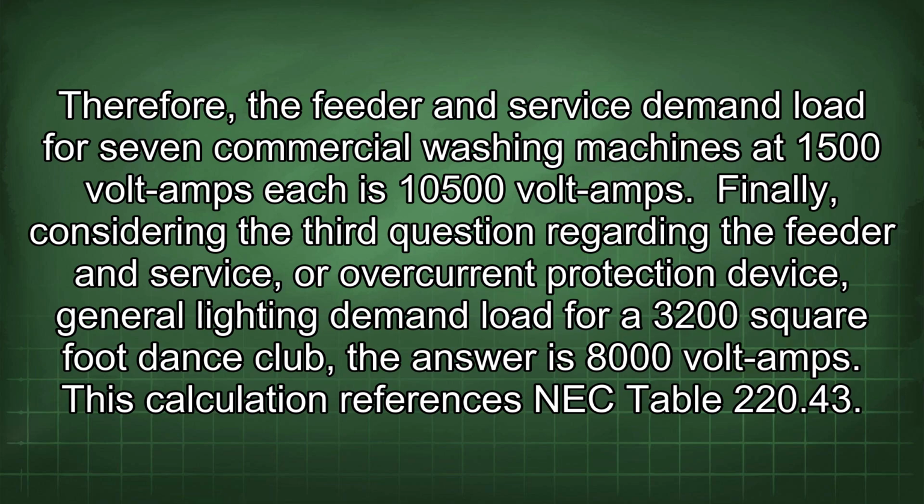Finally, considering the third question regarding the feeder and service or overcurrent protection device, general lighting demand load for a 3,200 square foot dance club, the answer is 8,000 volt amps. This calculation references NEC Table 220.43.